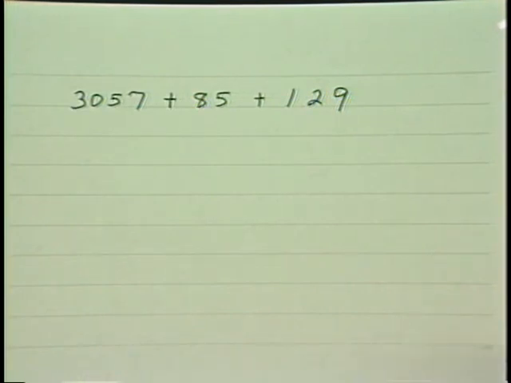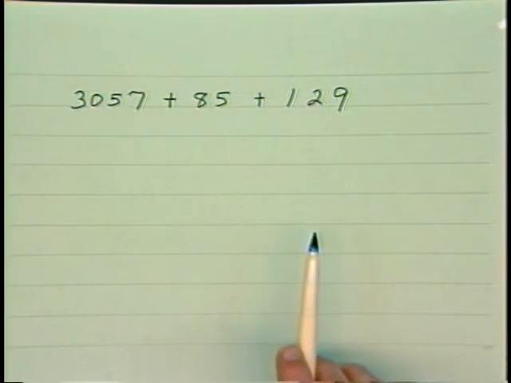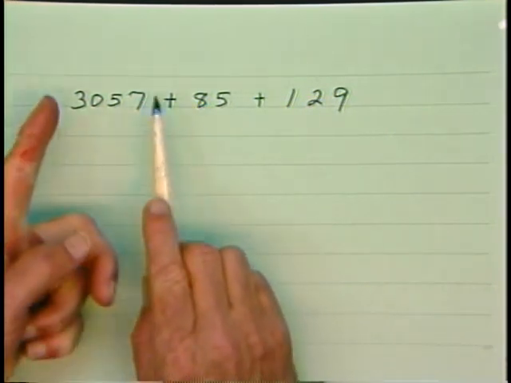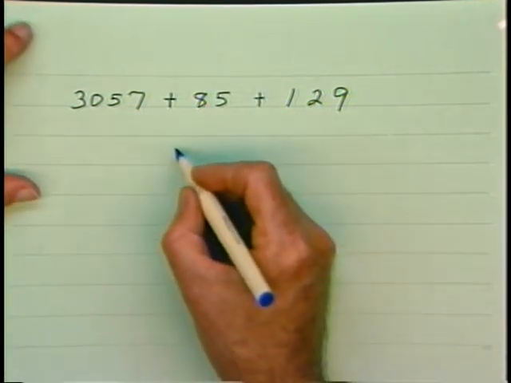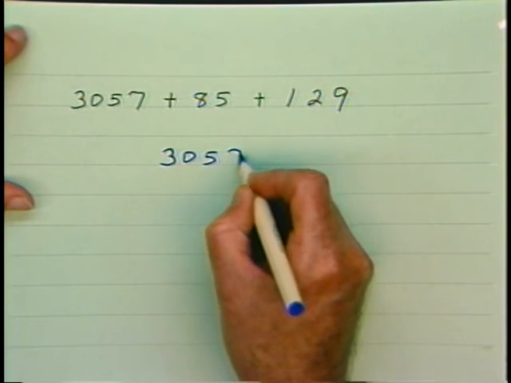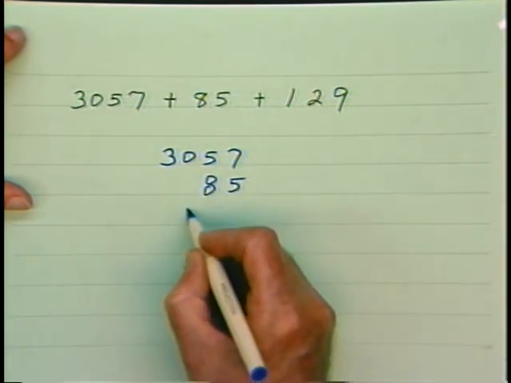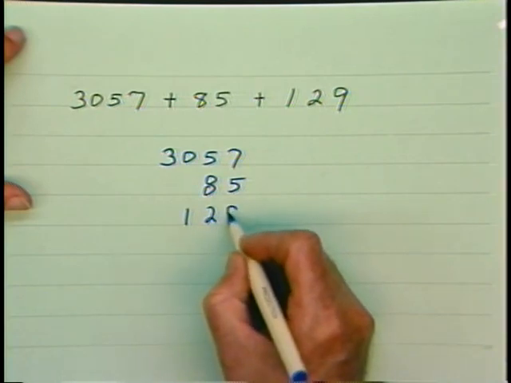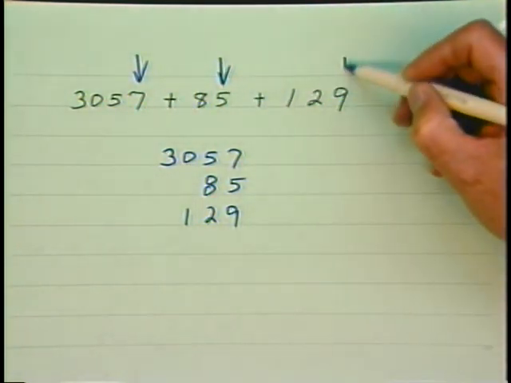In fact, let's carry that notion right back to our whole number addition which we had at the beginning of this course. Remember, if we were adding a long string of numbers, many of us learned the rules that we must write these vertically, and as it was stated then, we must line up the right ends.